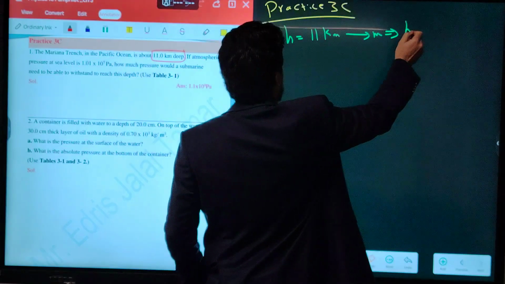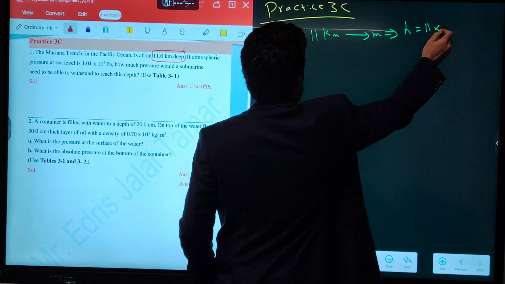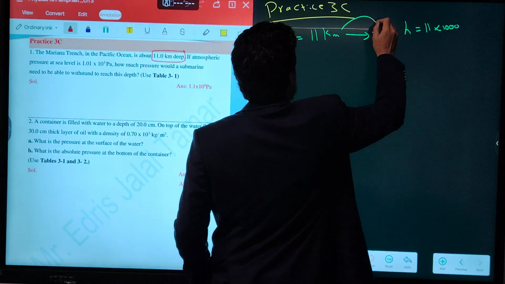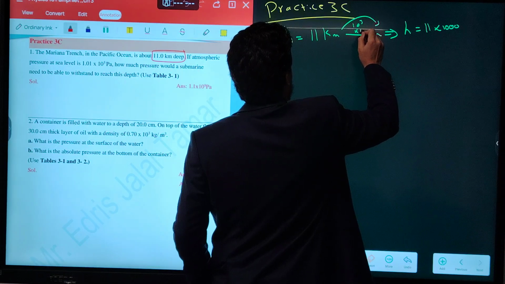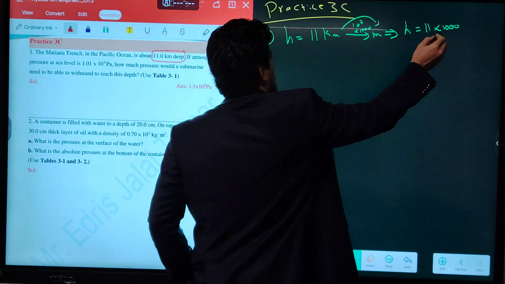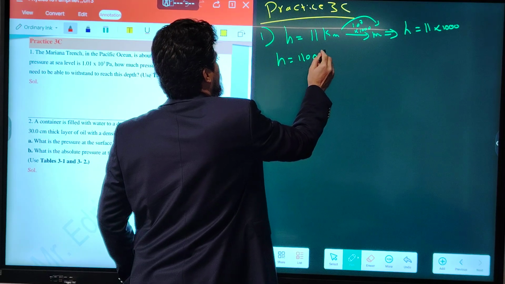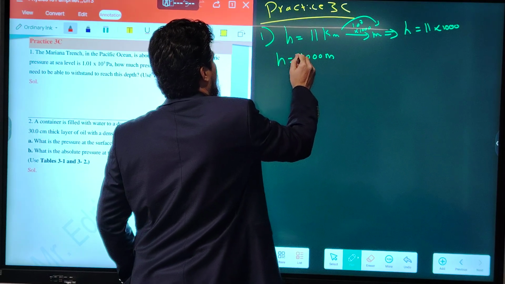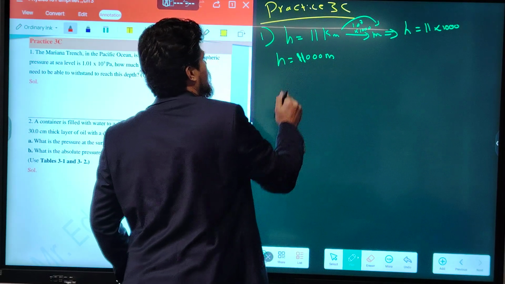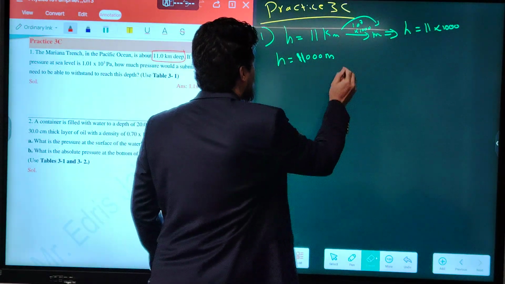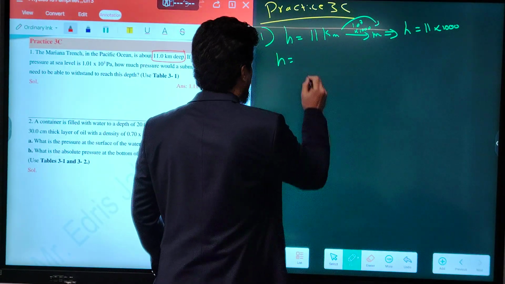Height is equal to 11 times 1,000, which is equal to 11,000 meter. This is the height, the depth of the ocean.